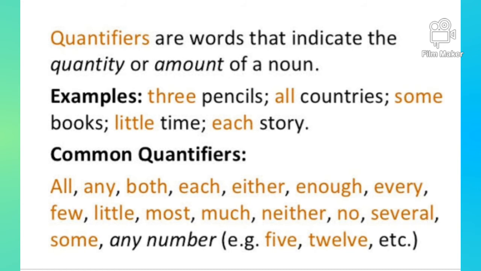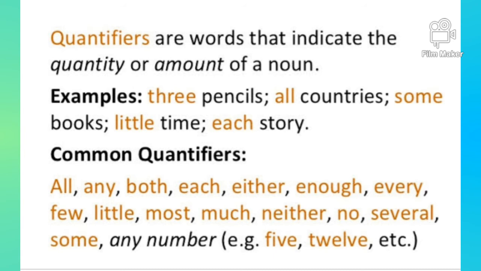Similarly, we can also use little, a little, the little. Little means a very small amount, almost negligible. And a little means a small amount. The little means whatever little exists, but the whole of it. Let's take an example of these.